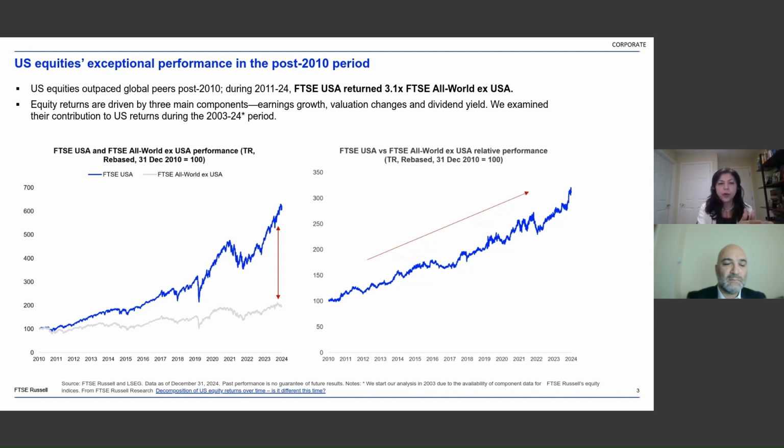The chart on the right shows the ratio of FTSE United States relative to the all world ex United States post 2010, and you see that the FTSE US returned more than 3 times the all world ex US since 2010. This analysis is done in a paper called Decomposition of US Equity Returns, and you can look it up, the link at the bottom, but it's data through end of 2024.